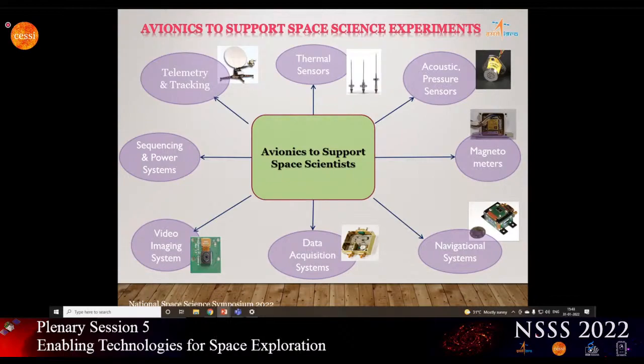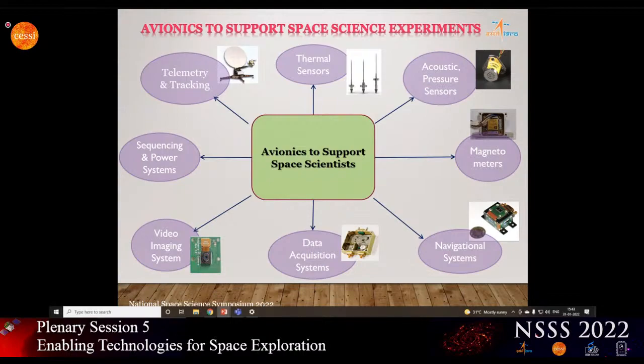They are in combinational form, coming along with our accelerometers, with the combination of NAVIC as well as other GPS satellites. We use it as a combinational system, which helps provide accurate information about attitude, and it is very useful for launch vehicles as well as certain sounding rocket experiments.